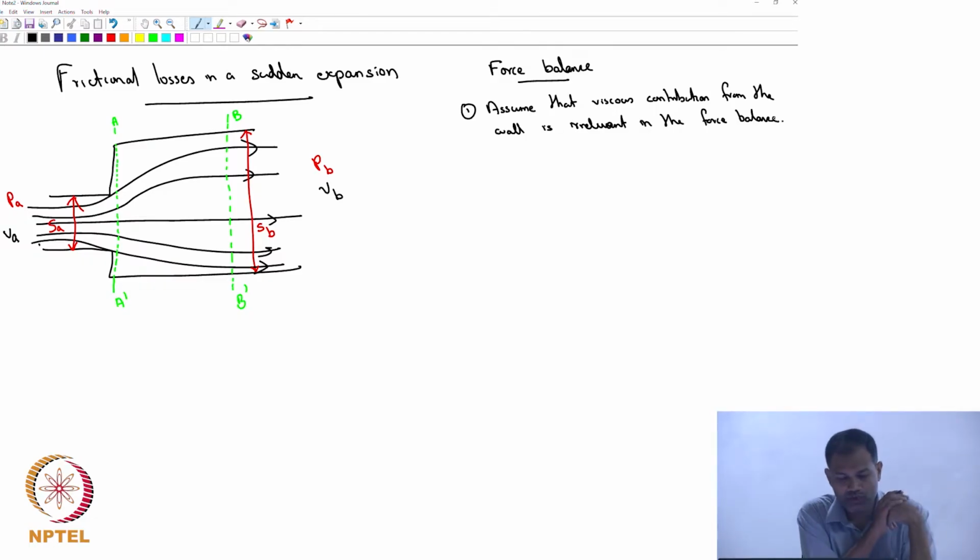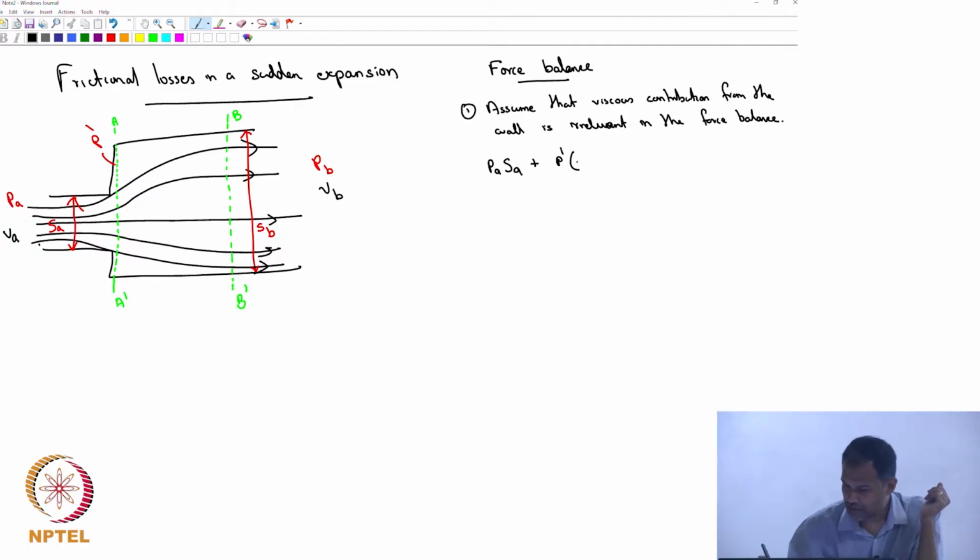Okay, then I can find out what is the net force acting on this fluid. That's only going to come from the pressure forces. The pressure of the incoming stream is PA. We do not know the pressure here, which is very near the wall. Let me just call it P prime. Okay, then the force that's acting along x direction is PA times SA plus P prime times (SB minus SA).